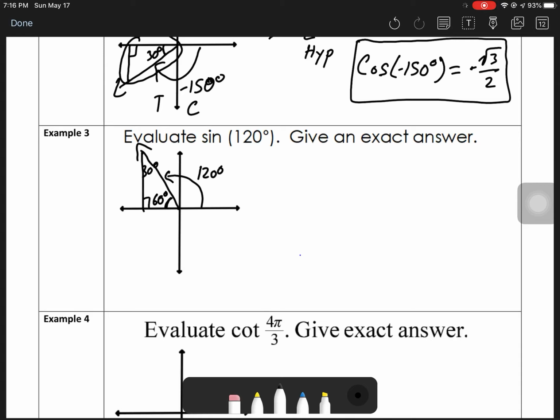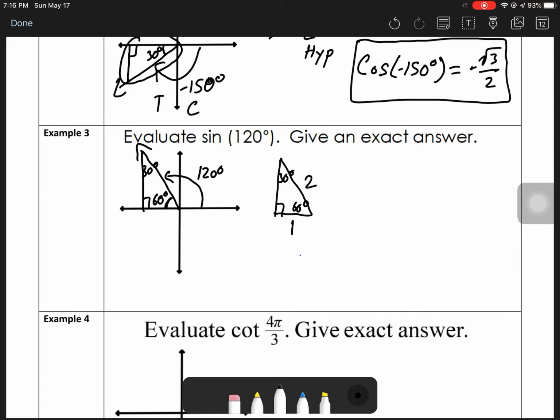Every single time that you're giving an exact answer for these problems, it's because you should be able to create a special right triangle. So the reference angles are always going to be 30, 60, or 45, some fashion like that. So if I draw my triangle off to the side here, 30's up here, 60's up here, right angle. Across from the 30, just like I said, is 1.